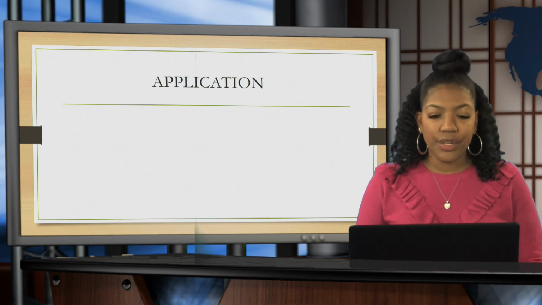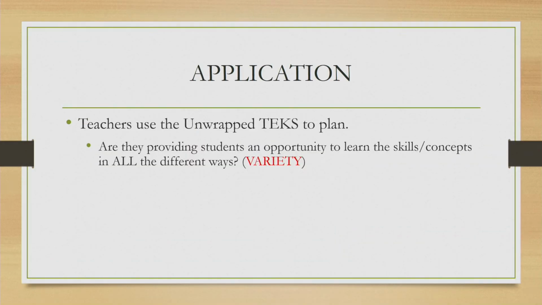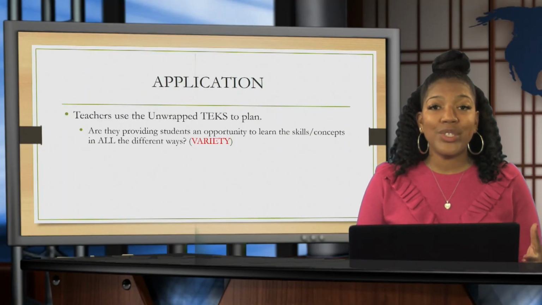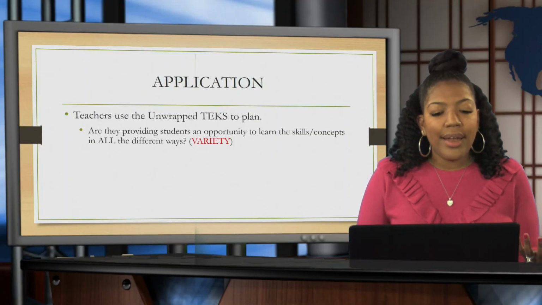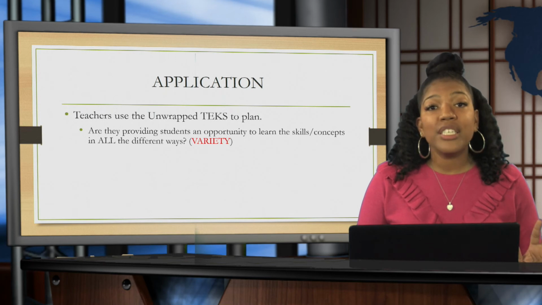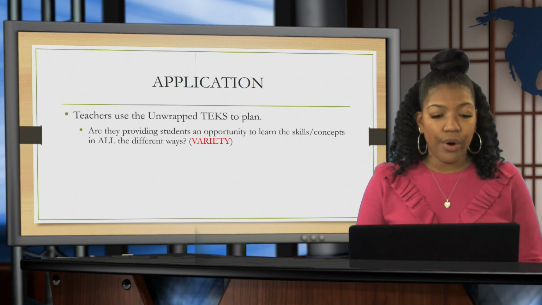So, application. Some great ways that we can apply this is that teachers can now use these unwrapped TEKs to plan. It allows the teachers to plan for a variety of ways that they're going to be introducing their lesson. They can ask themselves, are they providing students an opportunity to learn the skill or concept in all of the different ways that the TEK is allowing for?